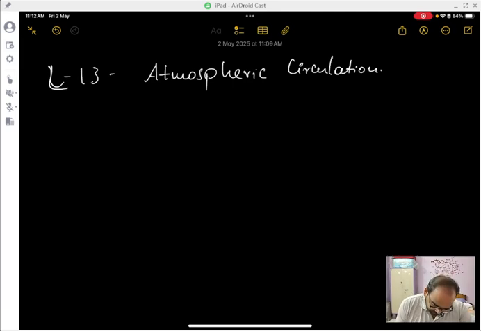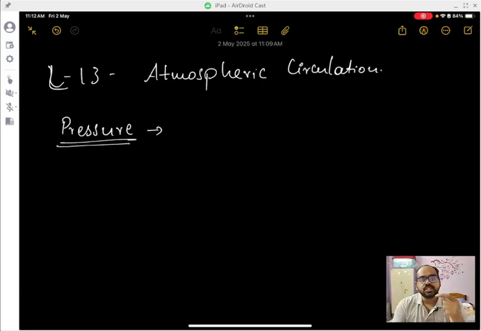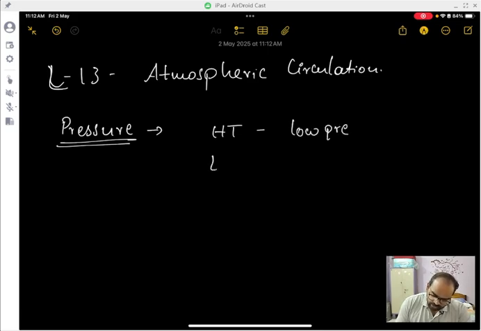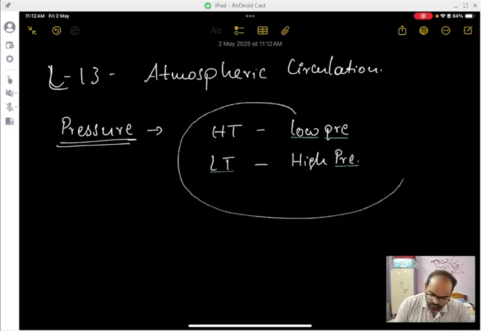Pressure. We have discussed in the first class of climatology that there will be temperature induced pressure. That means high temperature areas experience low pressure. Areas having low temperature experience high pressures.